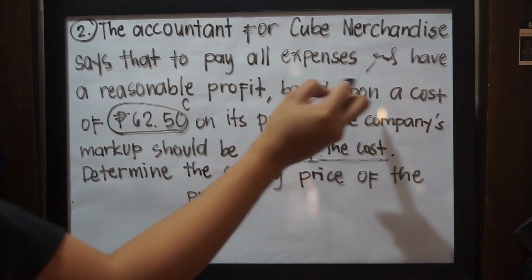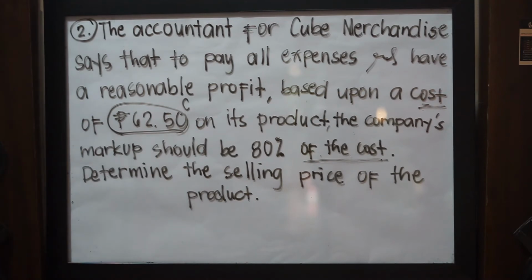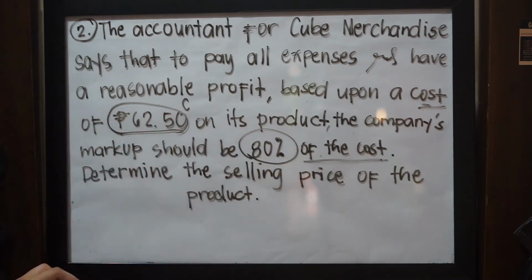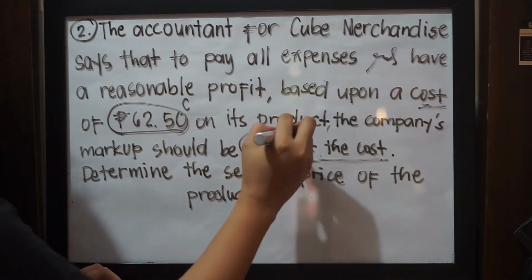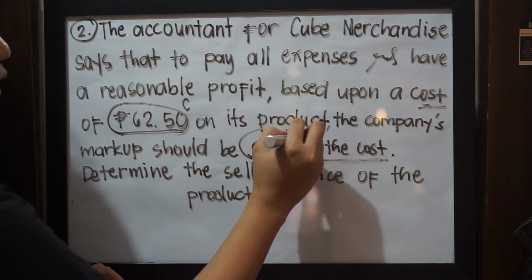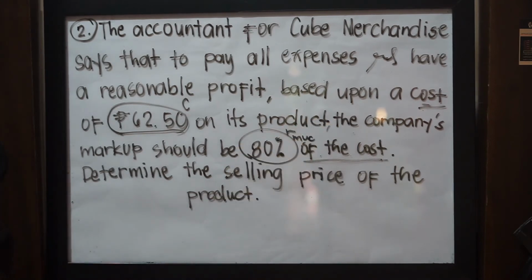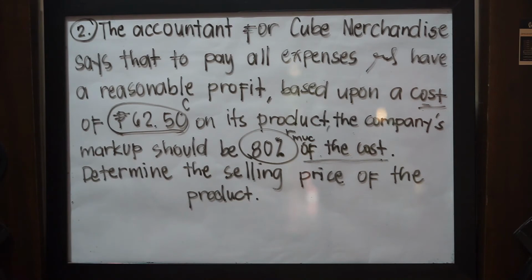Next, the company's markup should be 80% of the cost. Ano kaya yung 80%? So, dahil may percent symbol, that is rate of markup based on cost. Then, the unknown value is the selling price of the product.